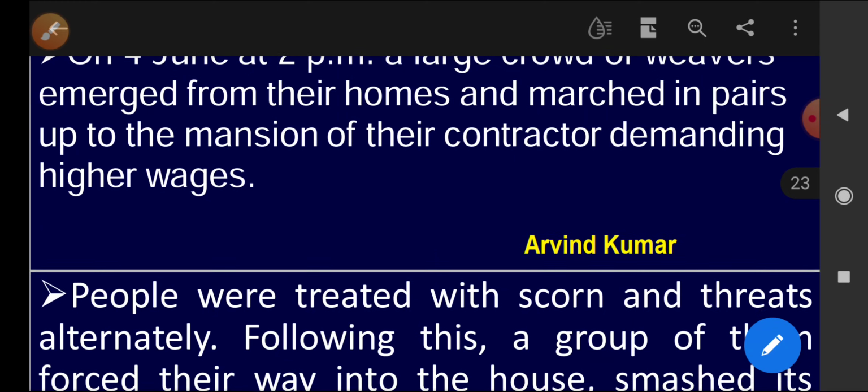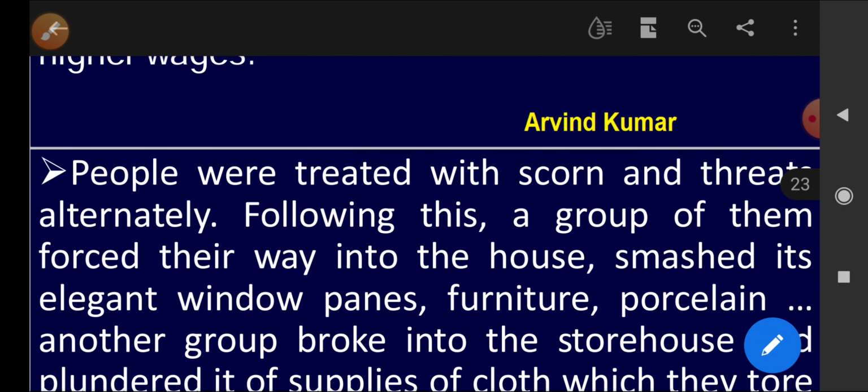Here one incident is mentioned: on the 4th of June, a large crowd of weavers came out of their homes and marched in pairs up to the mansion of their contractor, demanding higher wages. Although the people were met with threats and scoldings, they were forced to go back.